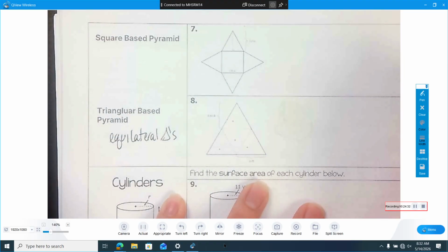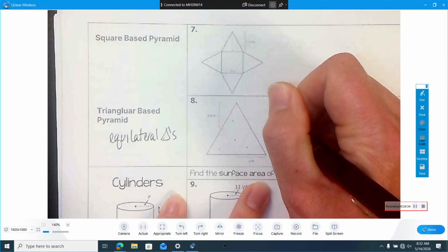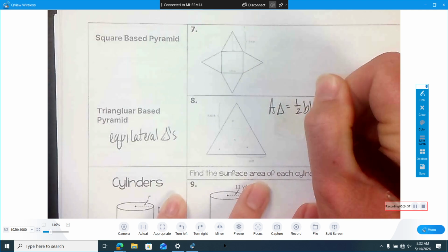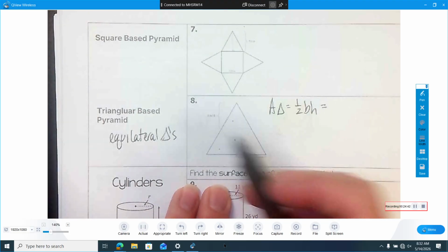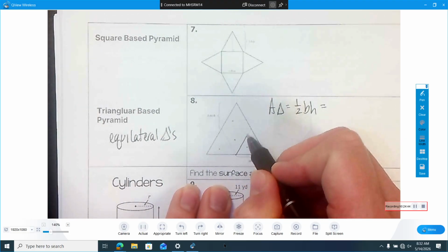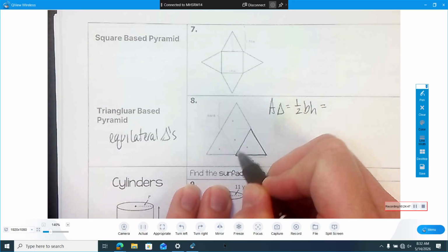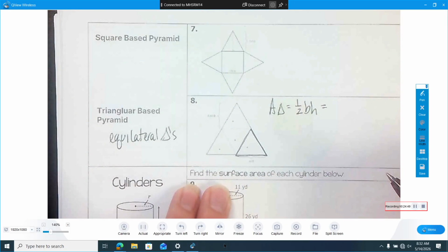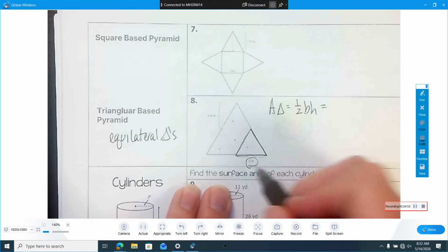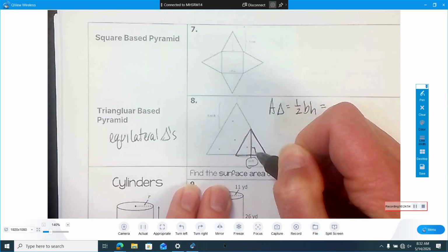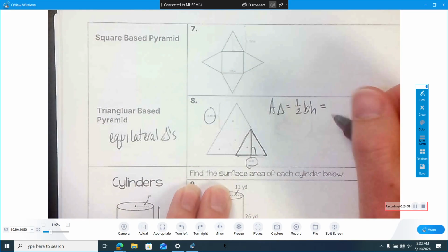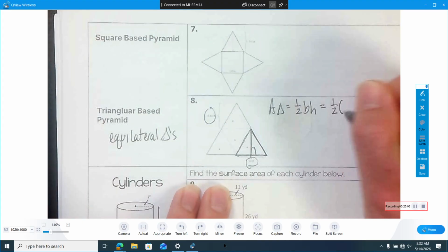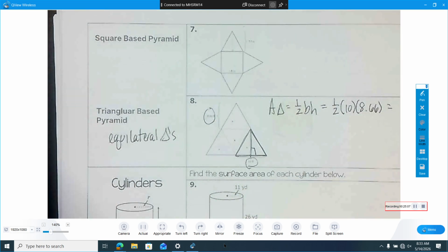How do you find the area of a triangle again? 1/2 base times height. When we look at these triangles, the dimensions are a little bit funky how they have them labeled here. But if I have this triangle that I'm outlining in black, what's its base? 10 feet. What's the height of it? It matches the height here, so 8.66. So it's going to be 1/2 times 10 times 8.66, the area of one triangle.